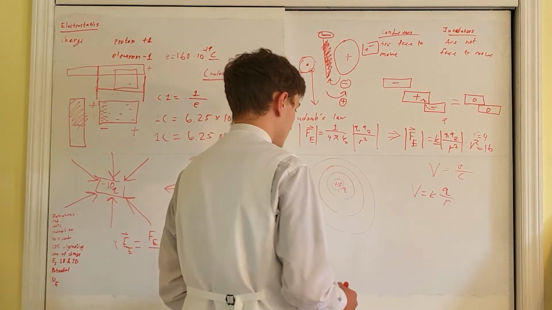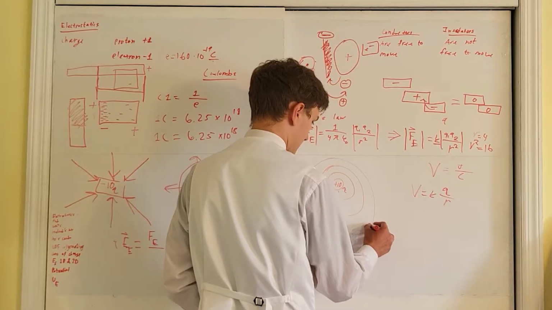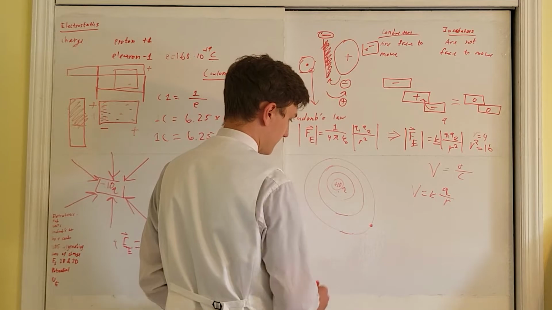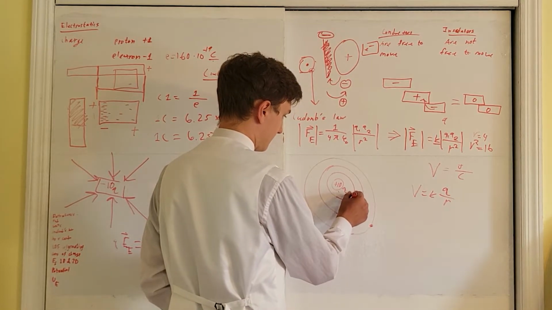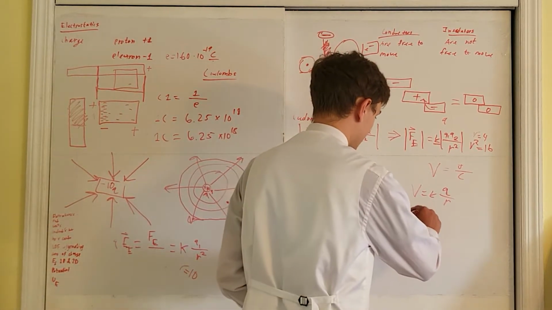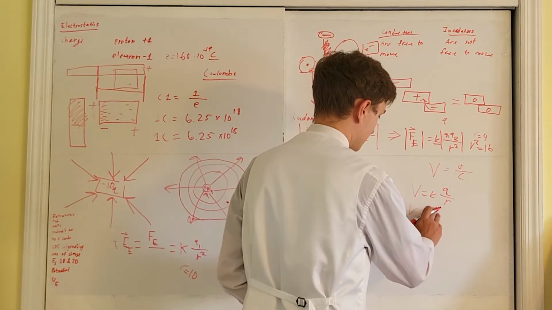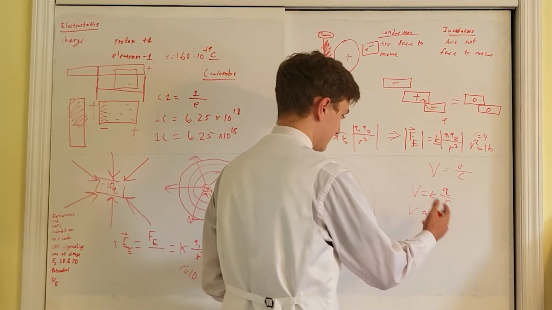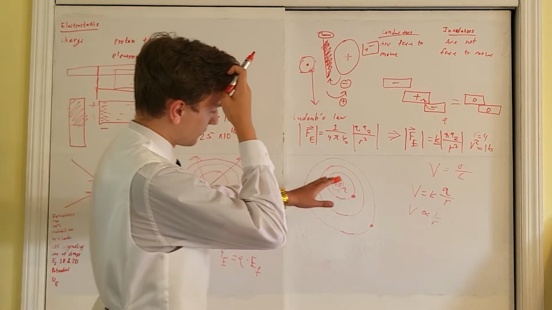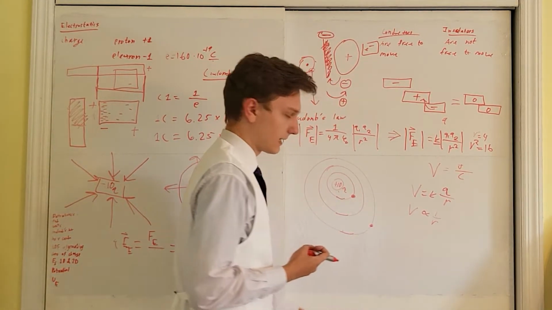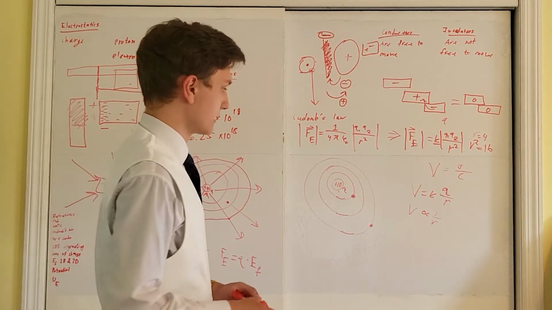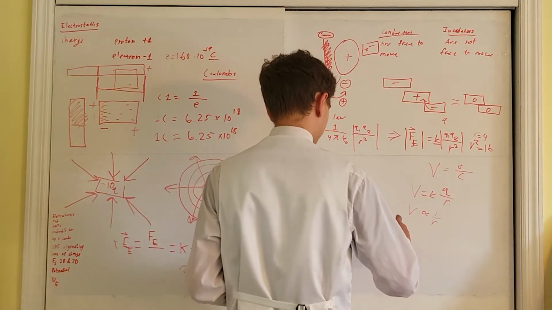If I were to put a positively charged item right there, it would have a lower electric potential than if I had a positively charged particle right here, because electric potential is inversely proportional to 1 over r. They're directly proportional to 1 over r, inversely proportional to r. Okay? So as I get further away from the charge, my electric potential decreases, and therefore my electric potential energy decreases. So let's introduce that equation.